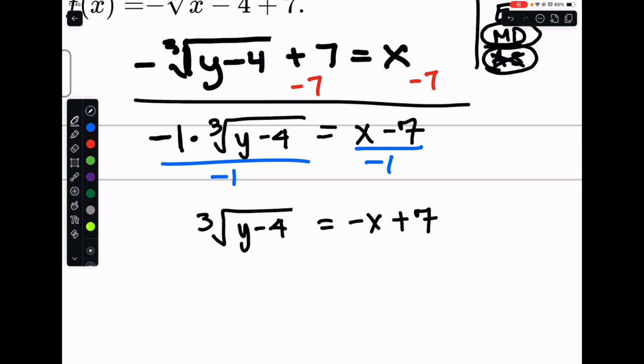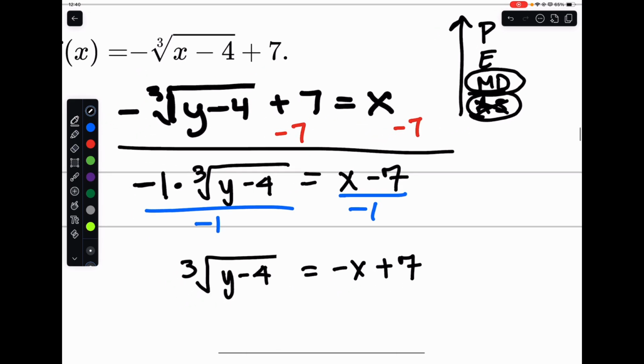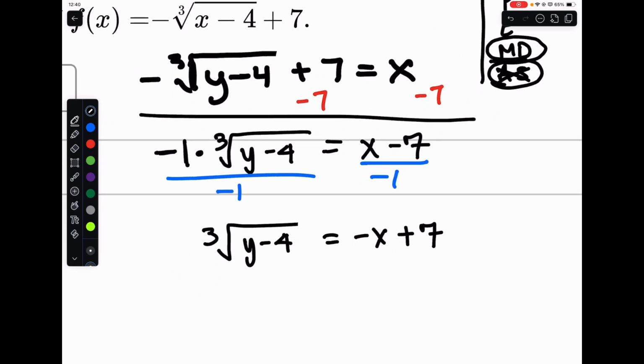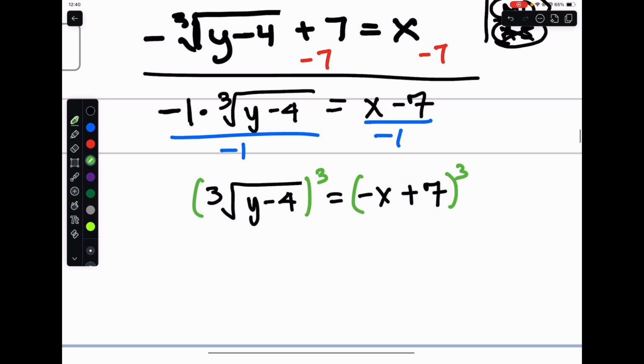Now, the next step after this, again, is exponents. We want to get rid of any exponents, which we do. We have, again, here the exponent of 1/3. The cube root is the exponent of 1/3. So to get rid of that, we use the reciprocal exponent, which will be 3. So we're going to raise both sides to the third power, which then now is y minus 4 and -x plus 7 to the third power.